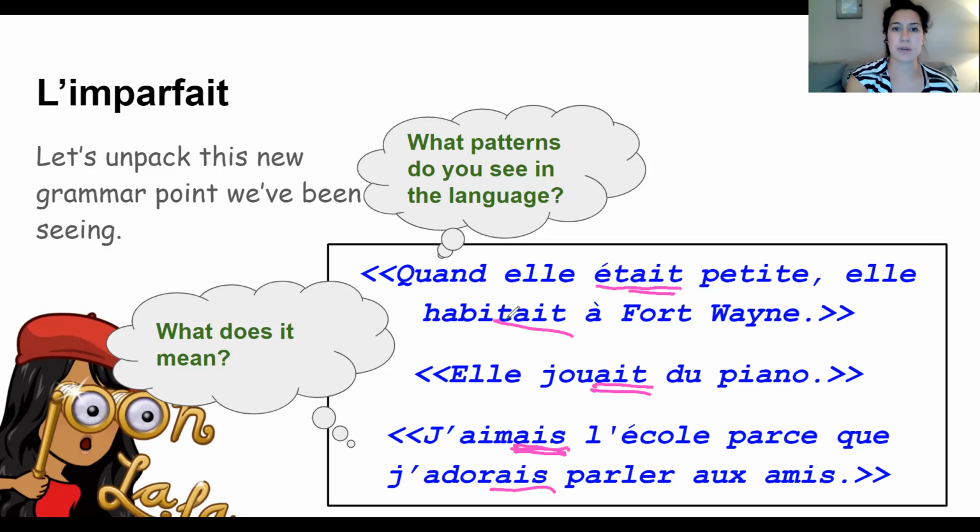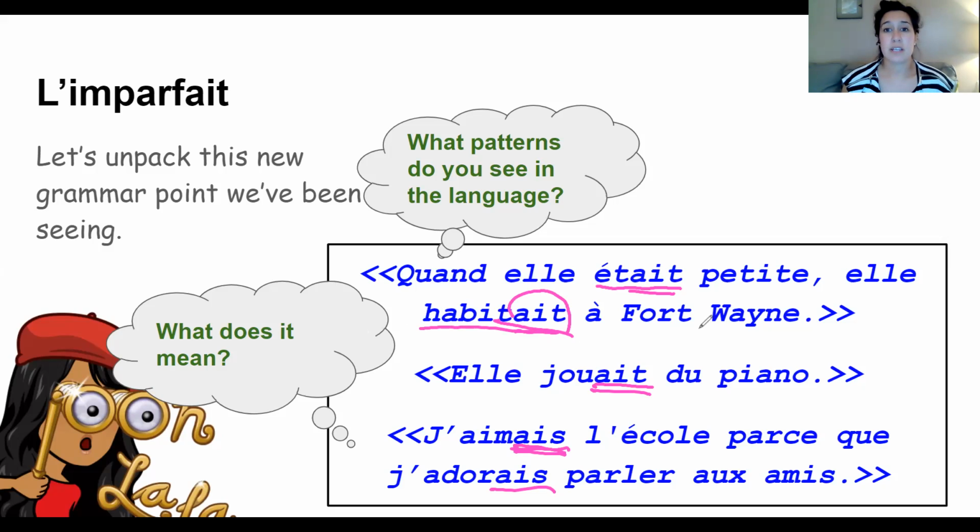But quite a lot of you were commenting on the length of the verbs, the similarities in the endings of the verbs. So the question here is, what does it mean? So have a little think. And we're going to move on, and we're going to explore this in the video.